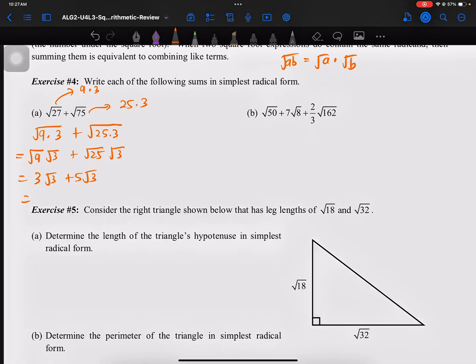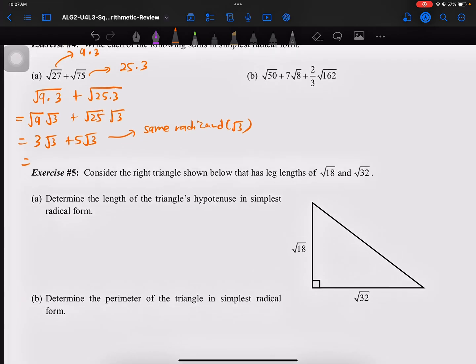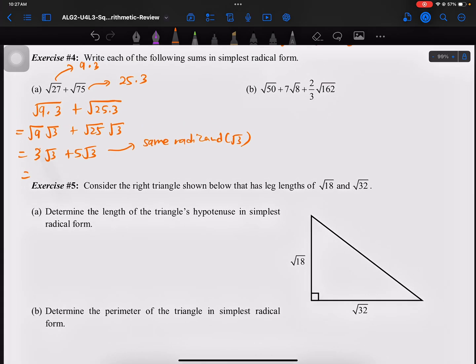Now we have the same radicand, which is √3. So we can add the like terms, 3 plus 5. So we have 8√3. This is our final answer.